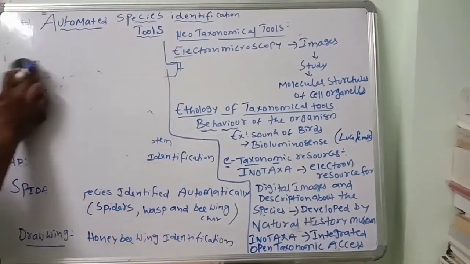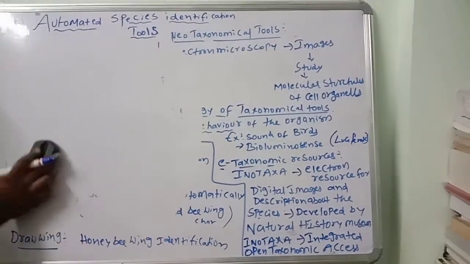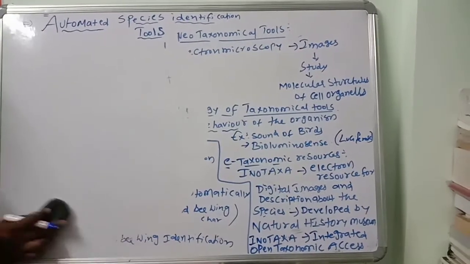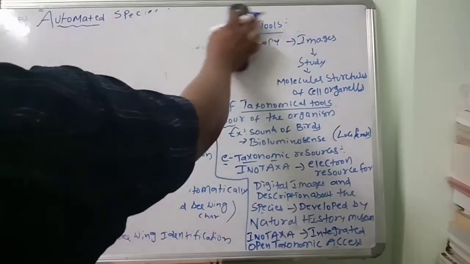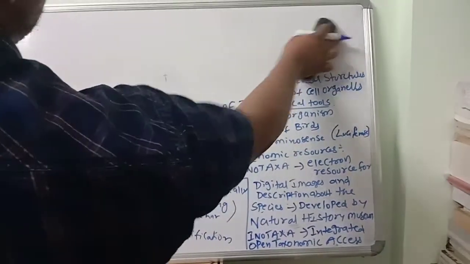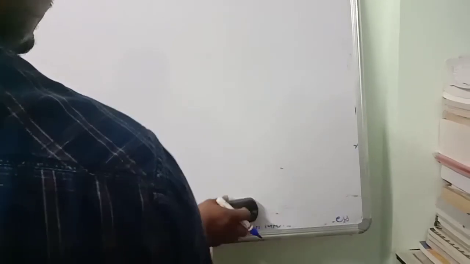Okay, children. Once we go through the summary of this chapter, we will go to the new chapter about the animal kingdom. So what we discussed in this chapter, we have to recollect once. What contents we discussed, that we should remember, and then we will go for the next chapter.